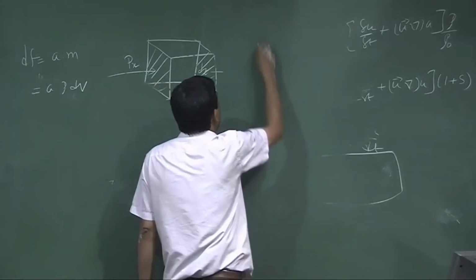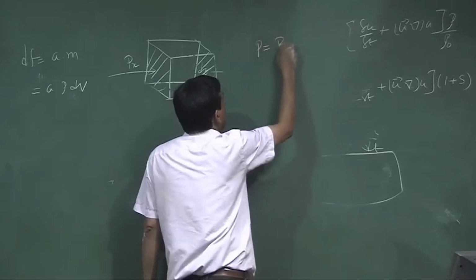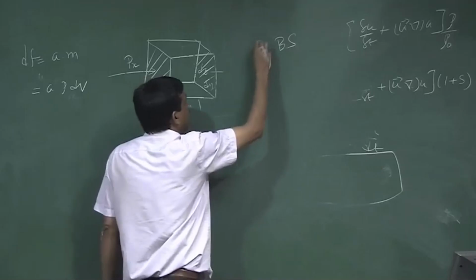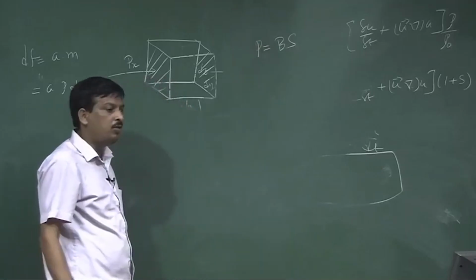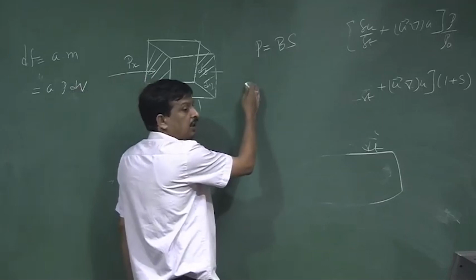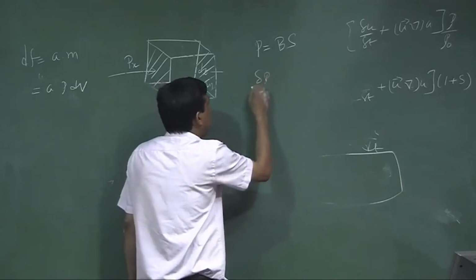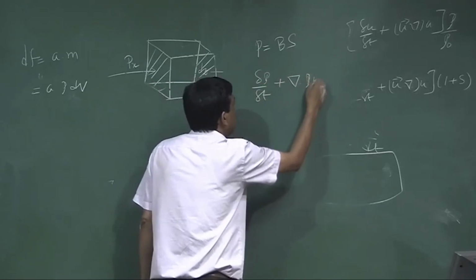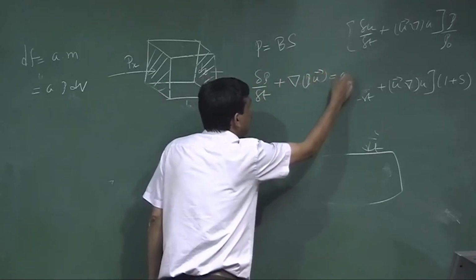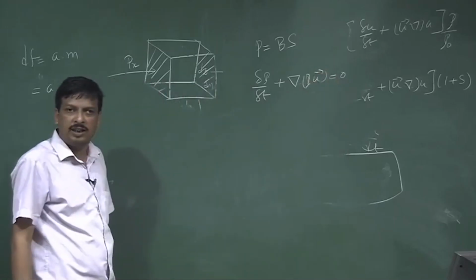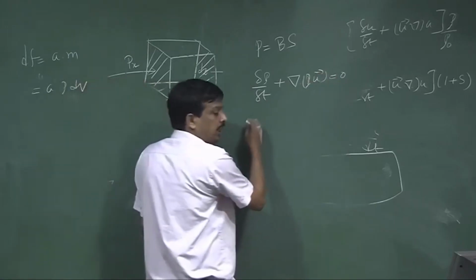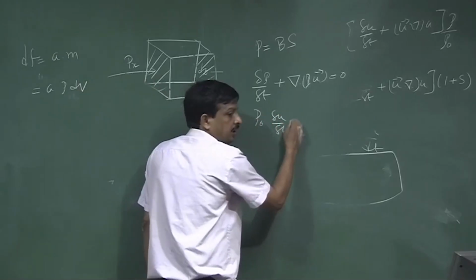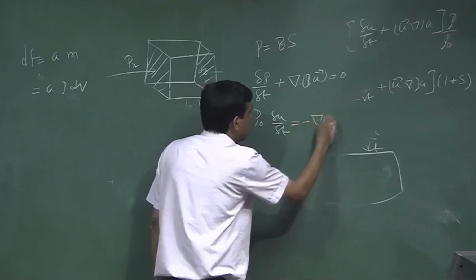So, equation of state, P is equal to B into S. P is the acoustic pressure, small p, that I get B into S, and another continuity del P by del T plus divergent of rho u is equal to 0, that I get from the second one, and from the force equation I get rho 0 into del u by del t is equal to minus del p.